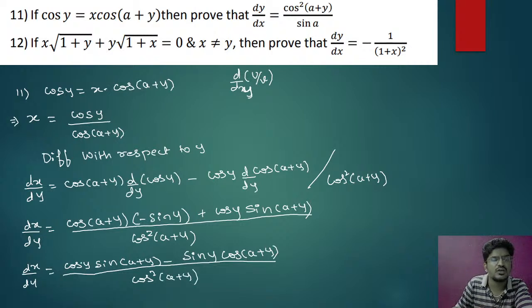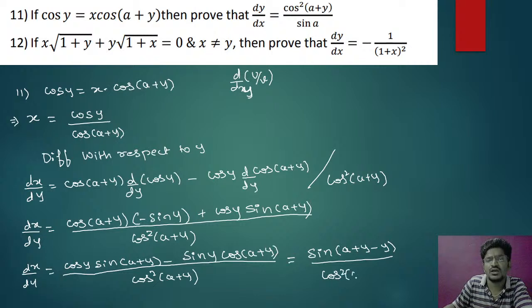So now you can see cos a sin b minus sin a cos b, that will be sin of a plus y minus y divided by cos square a plus y. So cancel plus y minus y. Therefore your answer will be dx by dy equal to sin a divided by cos square a plus y.